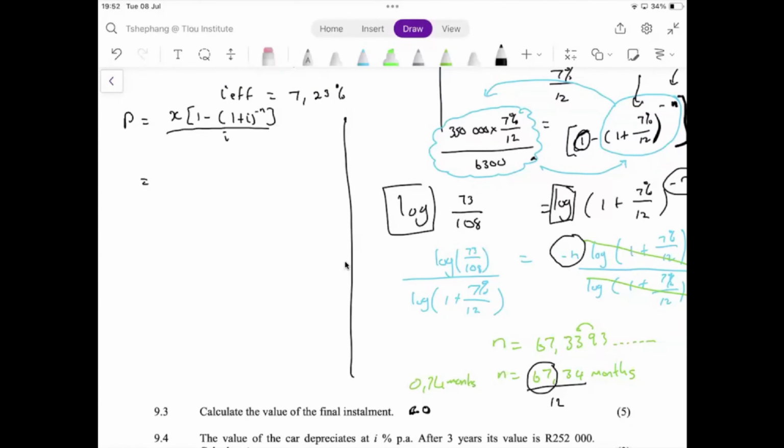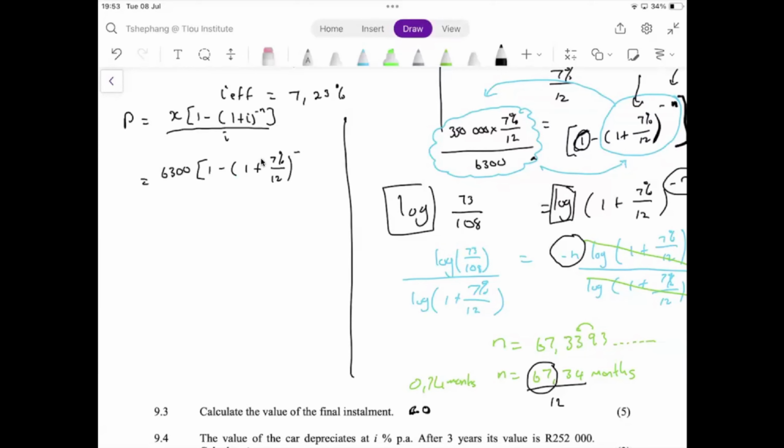How much are the regular payments? The regular payments are 6,300. 1 minus 1 plus, what is the interest rate? 7% over 12. Right. Now, negative. Who can guess what we have to put in the place of n? Let's check.